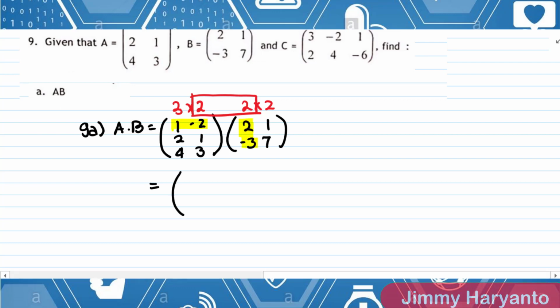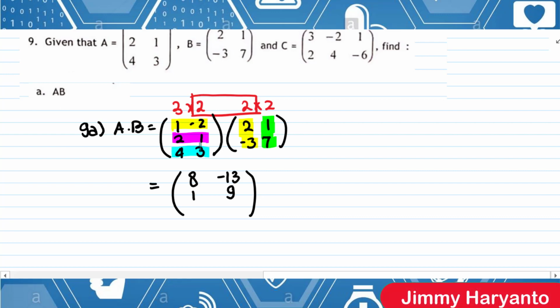You will get 1 times 2 equals 2, negative 2 times negative 3 equals 6, 2 plus 6 equals 8. Then with the second column you will get 1 times 1 equals 1, negative 14, negative 13. Okay, good. For the second row, 2 times 2 equals 4, 4 minus 3 equals 1, and then 2 times 2 equals 2, and 7, 2 plus 7 equals 9.